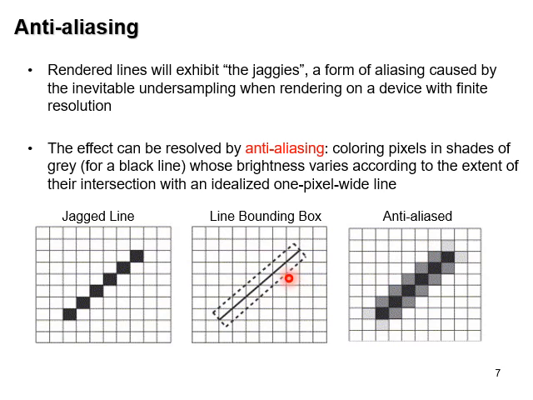So for example, if you think about this pixel or this one, any of these pixels, half of them is inside the rectangle, the bounding box, the other half is outside. So we will color this pixel with a gray level of half. If we assume that the gray is from 0 to 255, then 128 is just in the middle. So we will color these pixels in 128. How about, for example, this pixel?